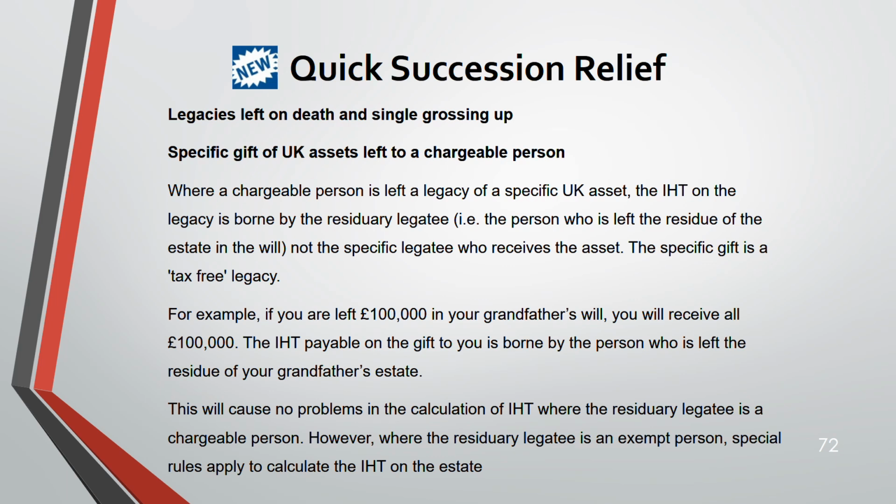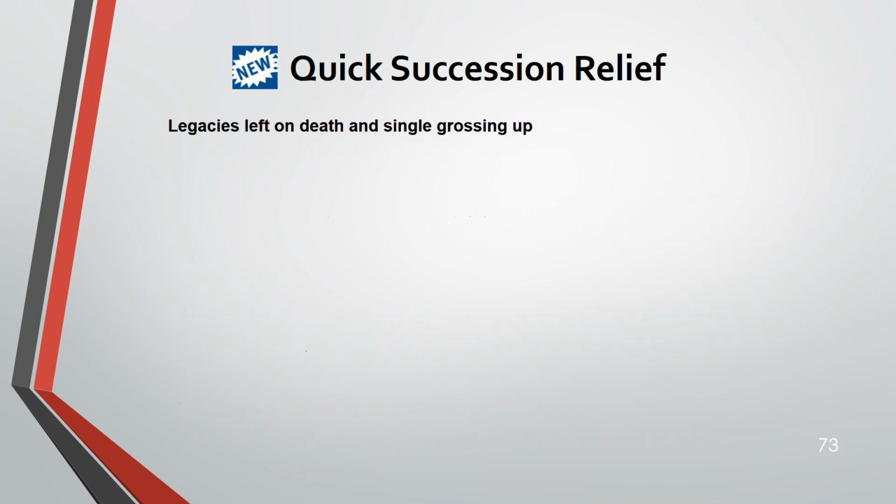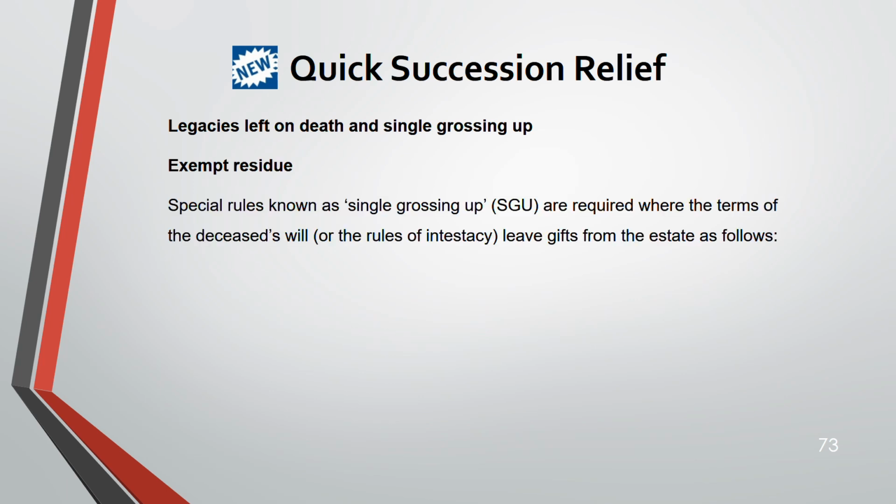Because you are already getting the benefit of the exempt legacy, you are deducting it from the chargeable estate, and the residual legatee is not paying IHT, so you would be benefiting twice. They will not allow that. That's why you have to pay IHT on the estate and a special rule applies. Exempt residue: special rules known as single grossing up are required.